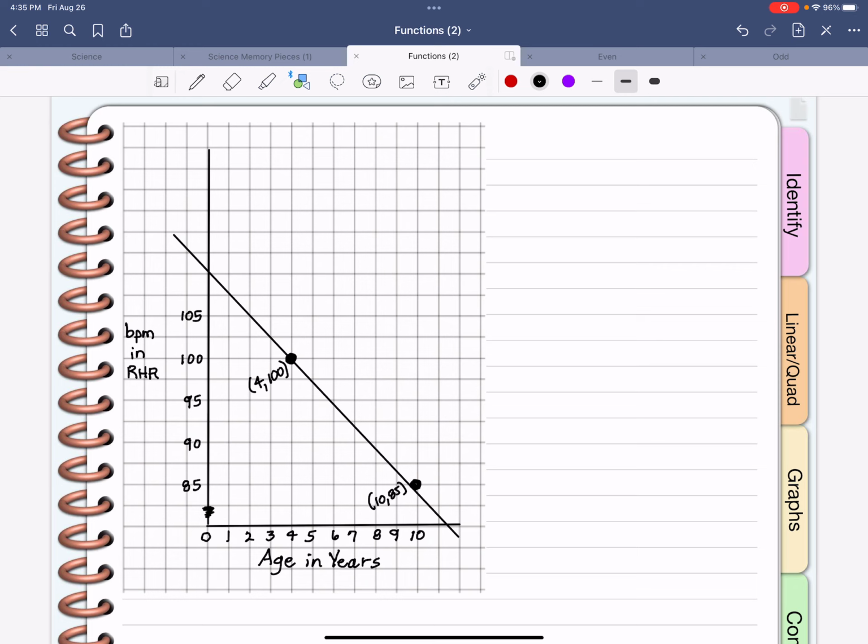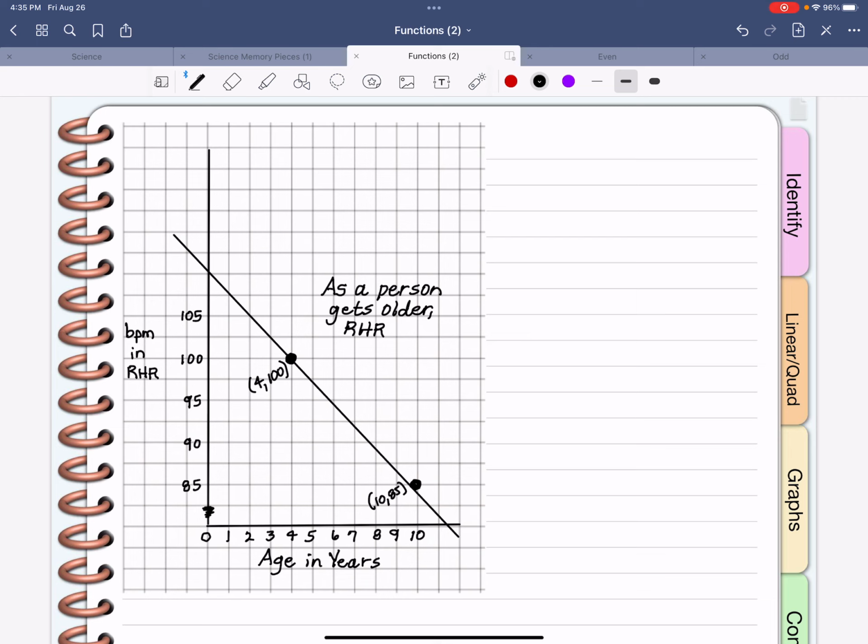But this is showing me a very important scientific observation. As a person gets older, or as age increases, resting heart rate does what?